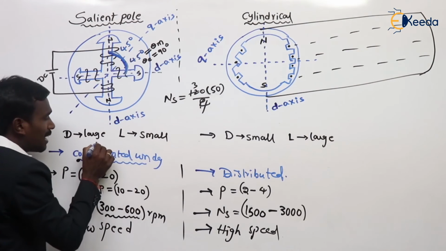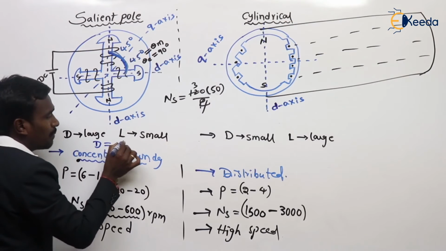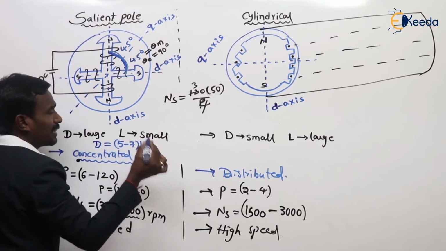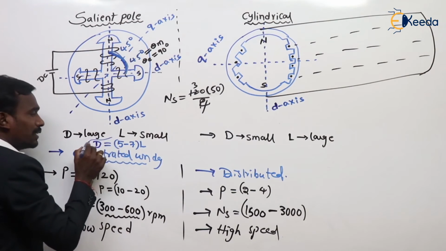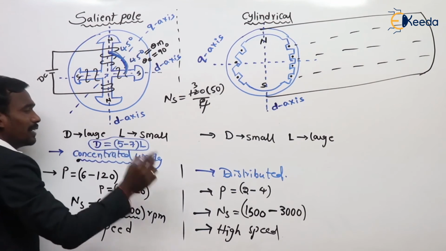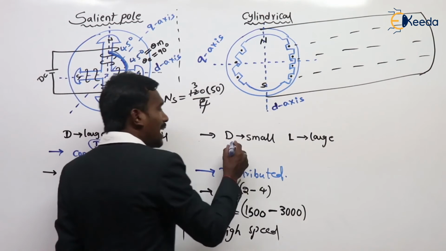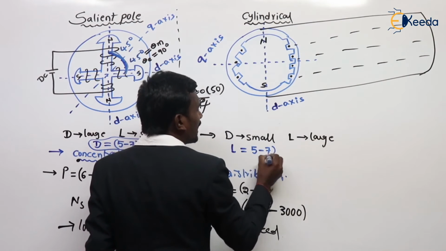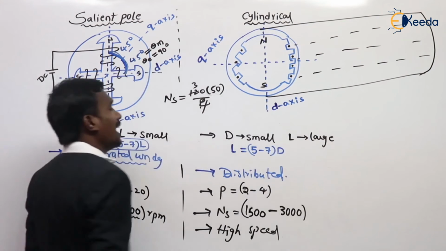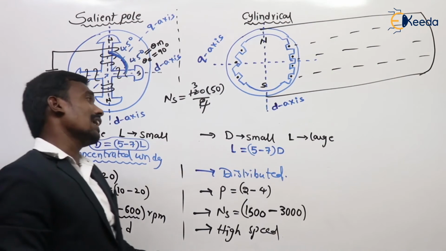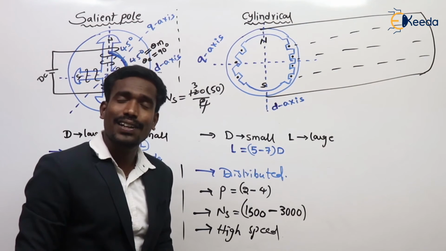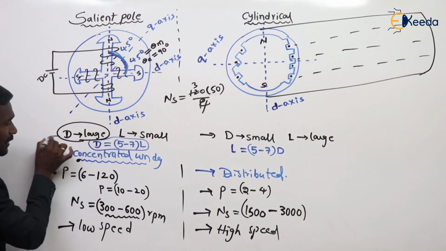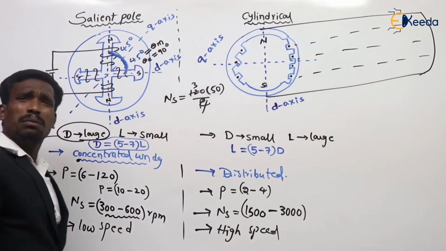Here the diameter is 5 to 7 times the axial length, whereas here the axial length is 5 to 7 times the diameter. If the diameter is large, then the speed is minimum.